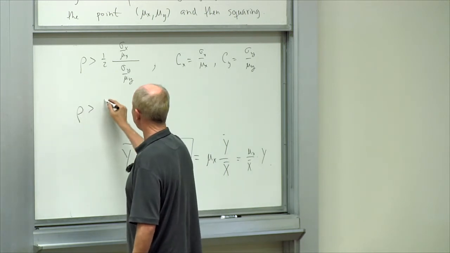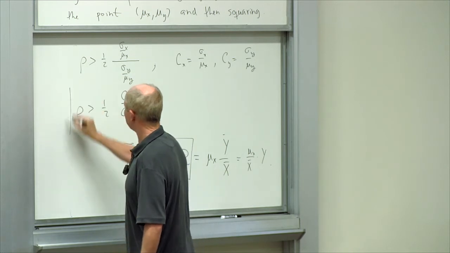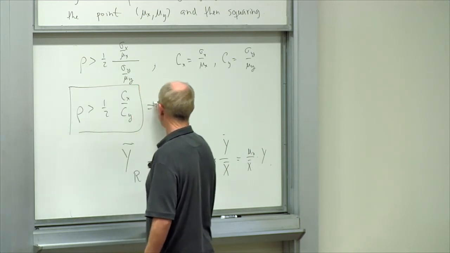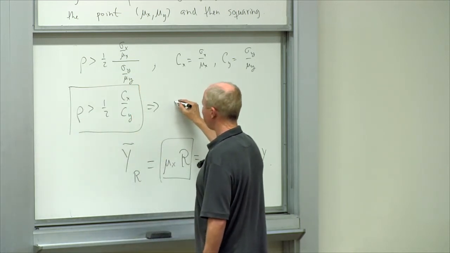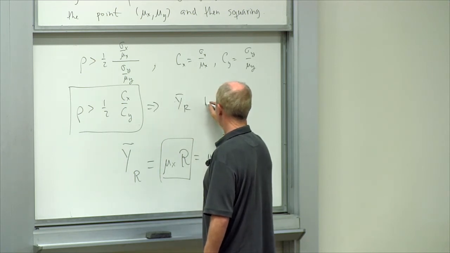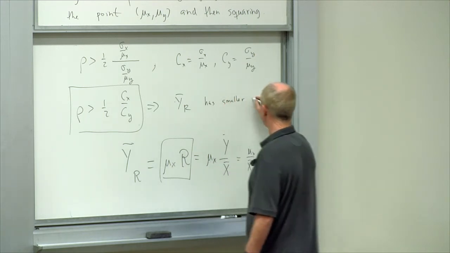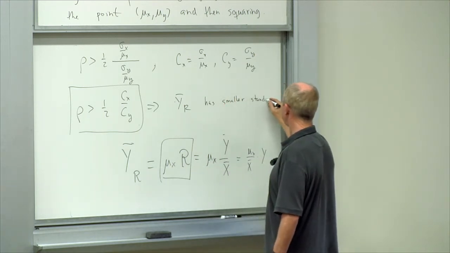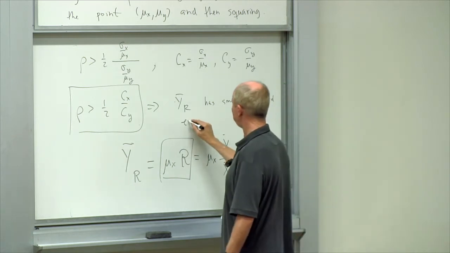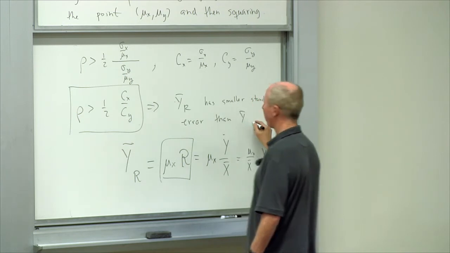So if rho is bigger than 1/2 Cx over Cy, this implies y bar r has smaller standard error than y bar.